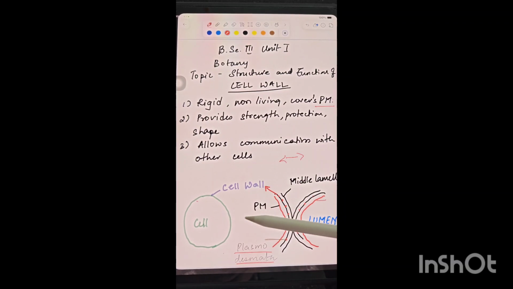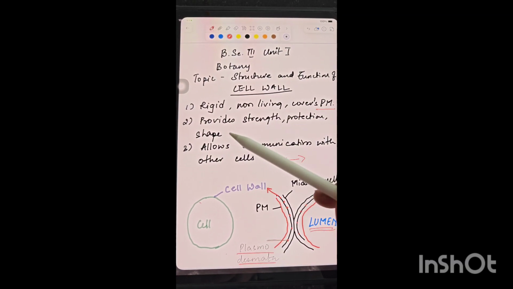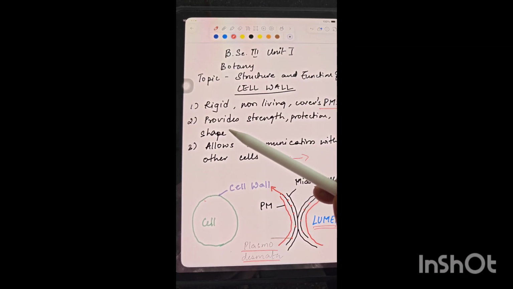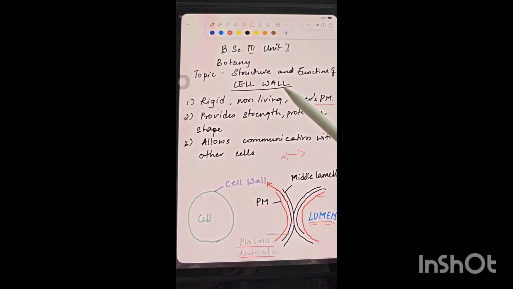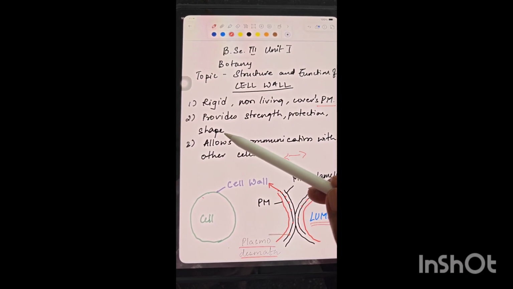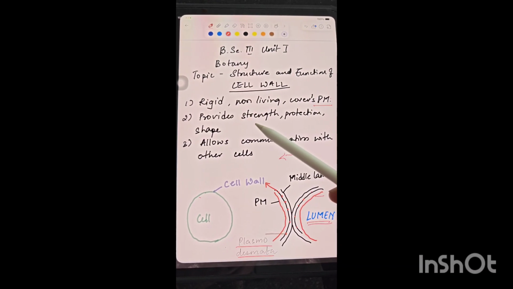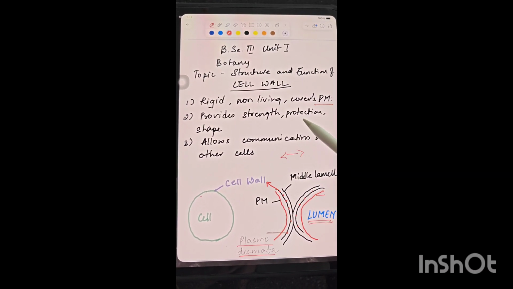The outer structure of the cell is provided by the cell wall, a kind of structural framework, we can say. A perfect shape of the cell is provided by the wall of the cell, and it provides strength and protection.